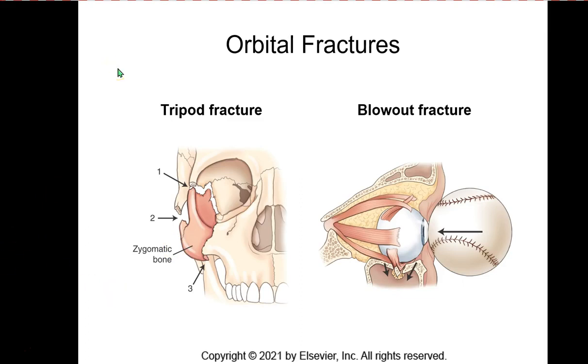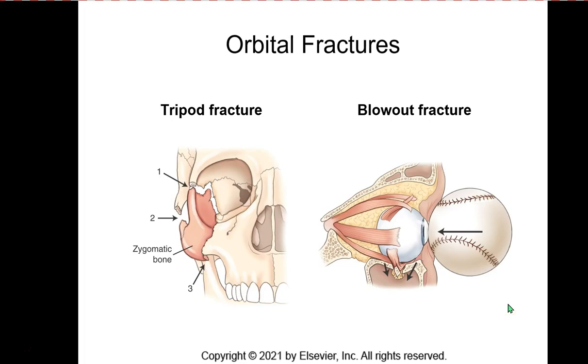A second fracture that I'd like you to be familiar with involving the orbit is a blowout fracture. A blowout fracture is a fracture of the floor of the orbit caused by an object striking the eyes straight on. So a baseball is a great example.